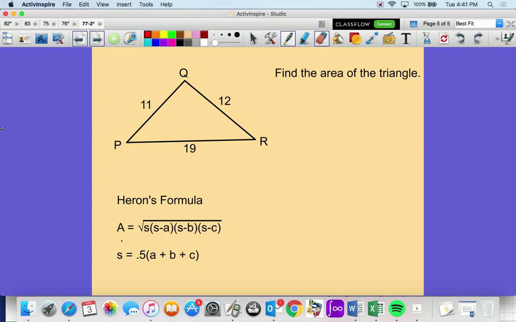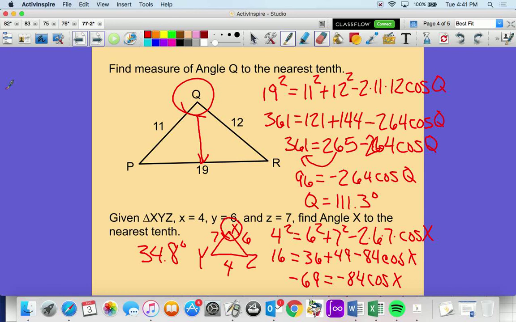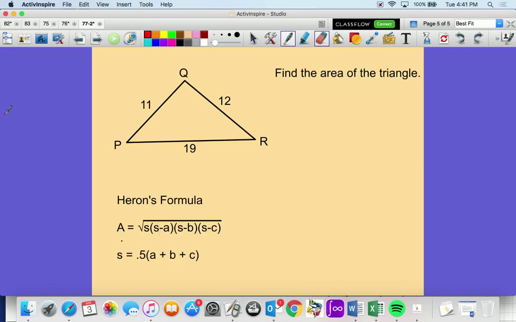Now what we just did, this is just like the triangle of the last one. So if we know angle Q is 111.3, which we can find by cosine law, technically, to find the area of the triangle, all we'd have to do is go 1/2 times 11 times 12 times sine of the angle in between, and that would give us the area of the triangle.